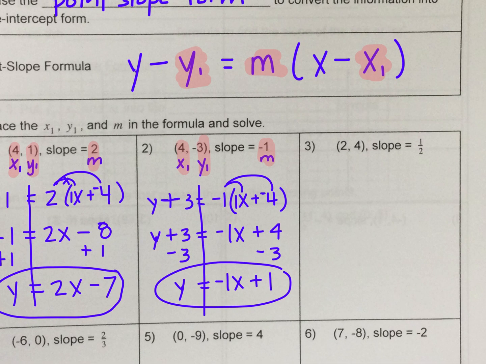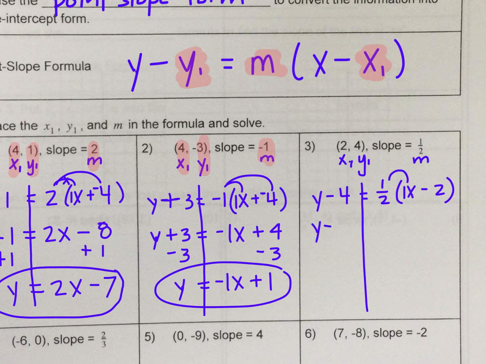Let's do another practice. x1, y1, and the m. y minus y1 is a 4 equals m is a 1/2, don't hate on the half, times (x minus 2). All right. Distribute. Well, copy down y minus 4.